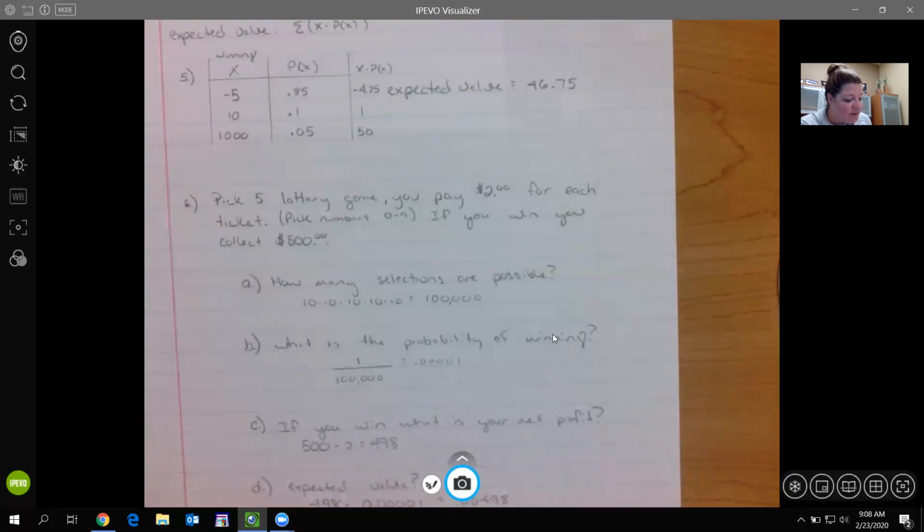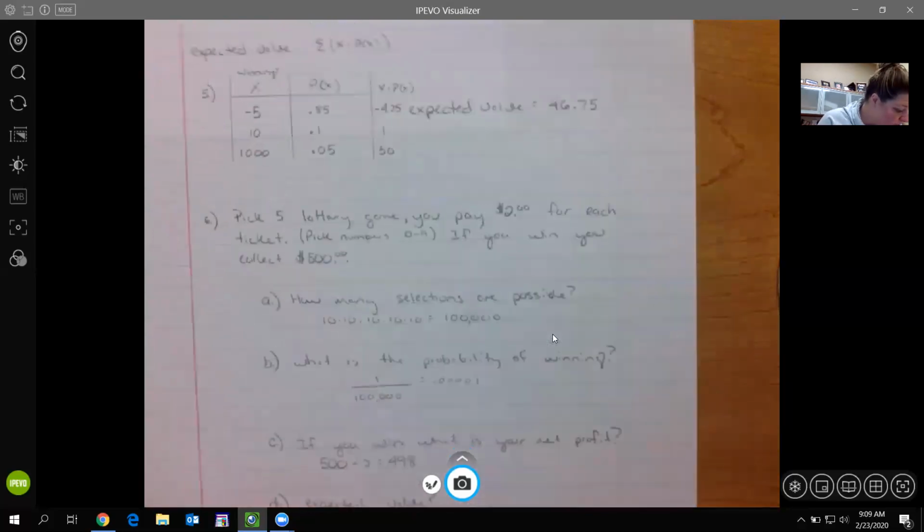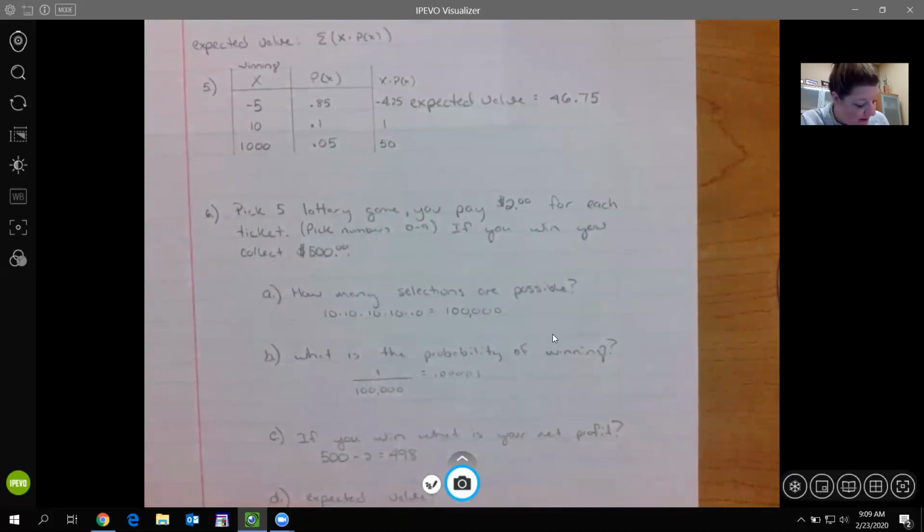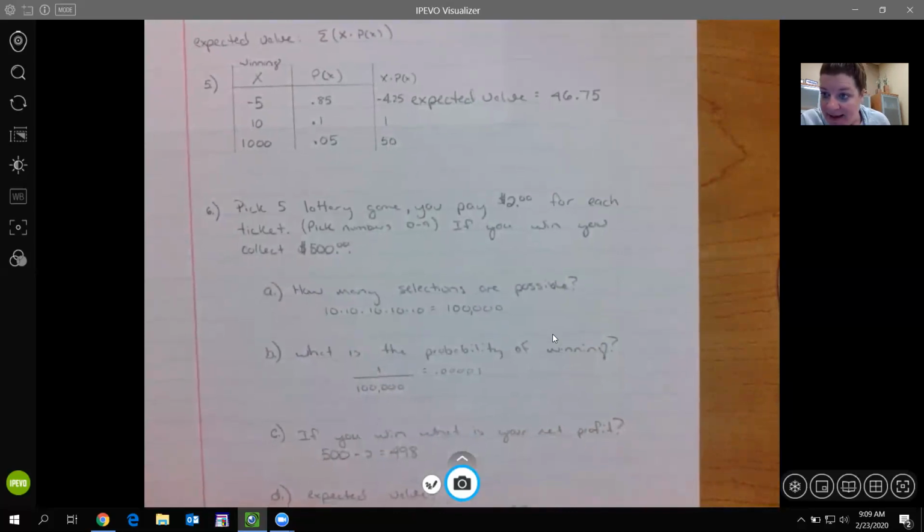So if we did our expected value, we would have to think about our net profit times our probability, but we also have to think about what is the probability of losing?